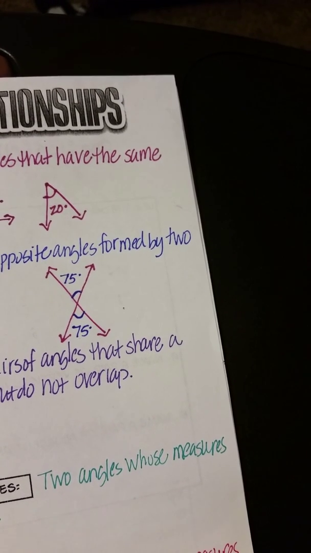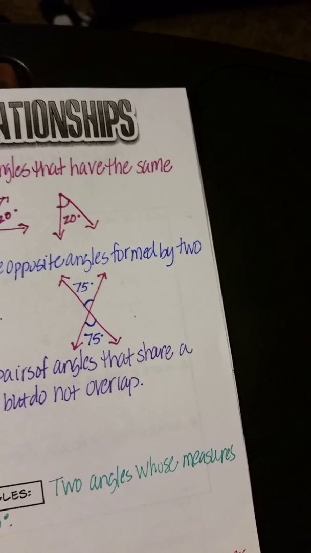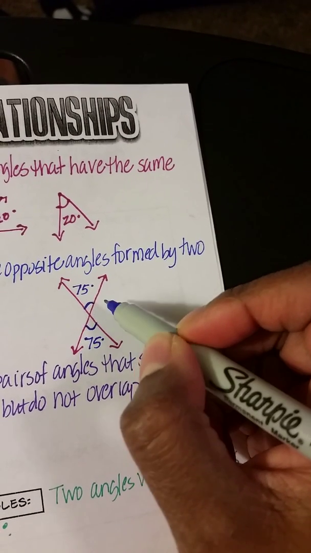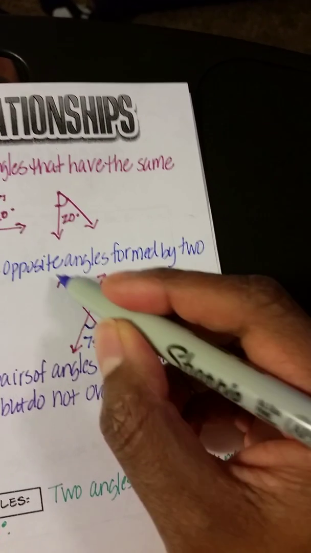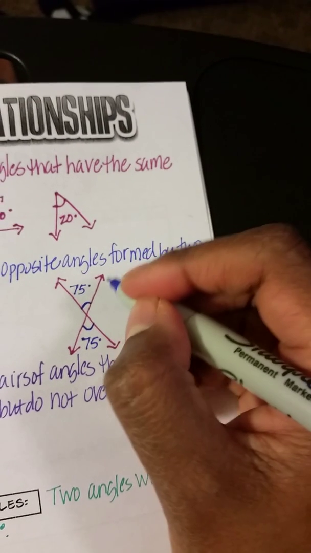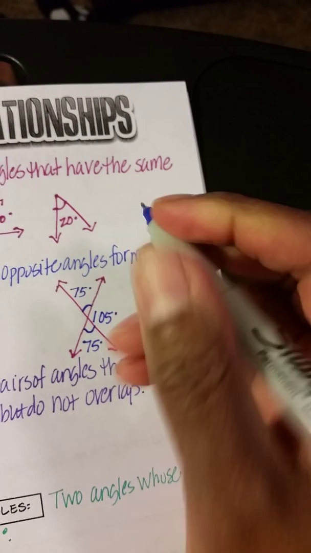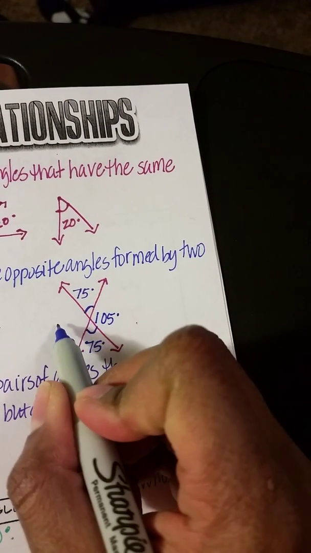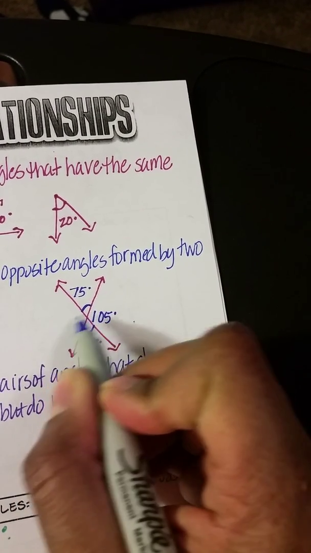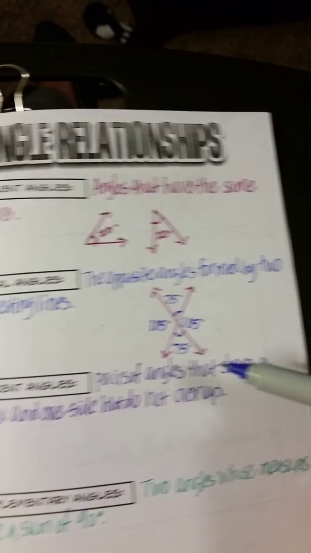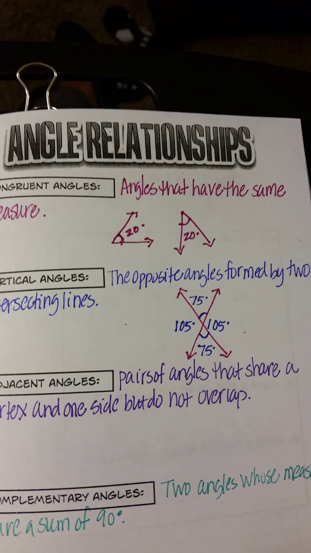Now we know that a straight line is 180 degrees. So I could fill out this angle measurement here by looking at this straight line. So I would need this angle to be 105. So if this one is 105, this is the angle that's vertical to it, so it's also going to be 105. So these are opposite angles formed by intersecting lines. That's vertical angles.